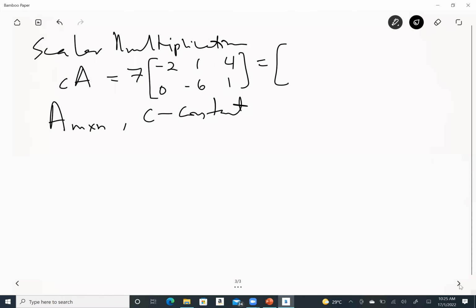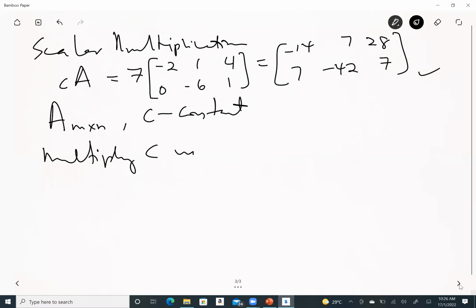So I have 7 times negative 2, that is negative 14. Then 7, 28. Then 0, then 7 times negative 6, negative 42. And then 7. So you simply multiply C with each element.